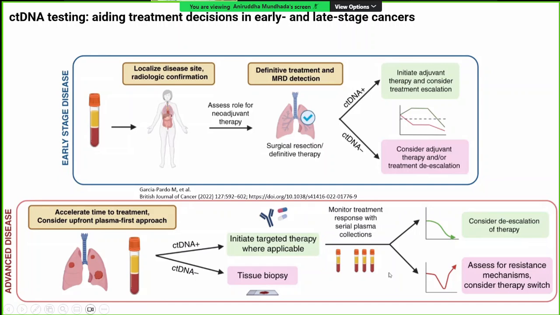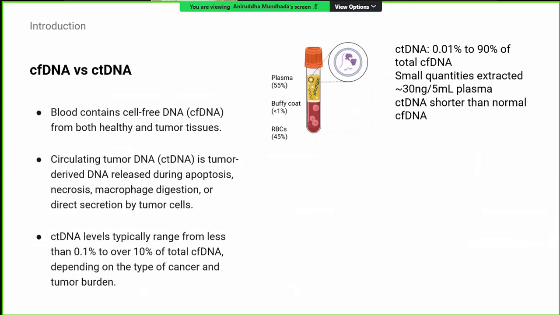Major use of such assay is to monitor serial plasma collections at time points during the therapy. And during those time points, consider de-escalation or assess for resistance mechanisms during the treatment.